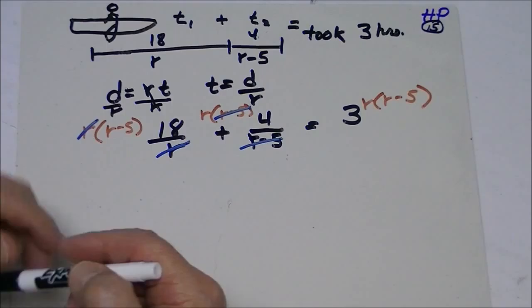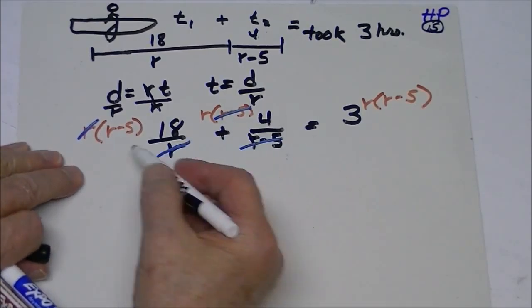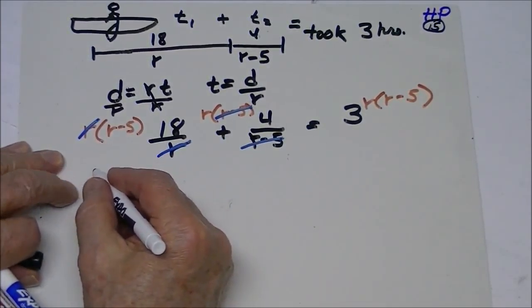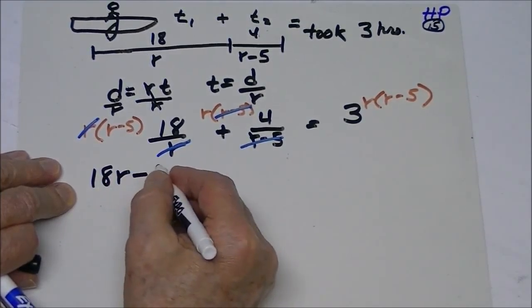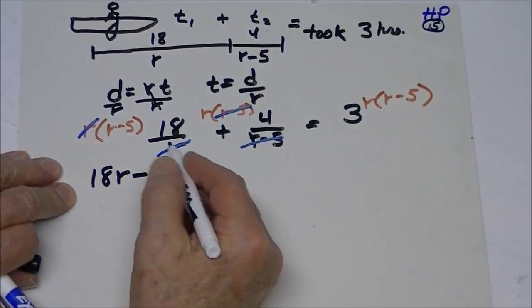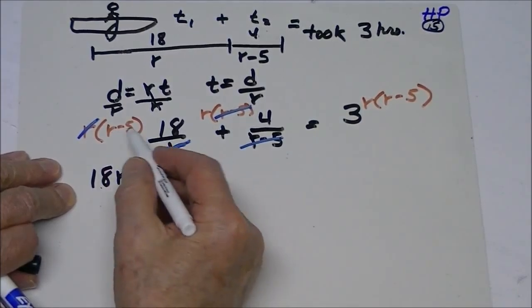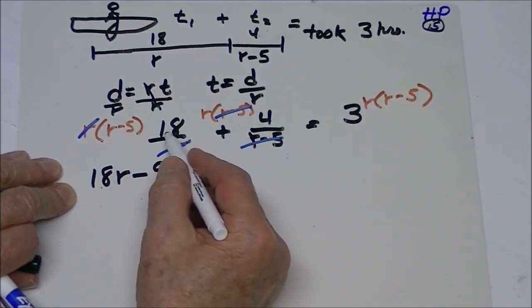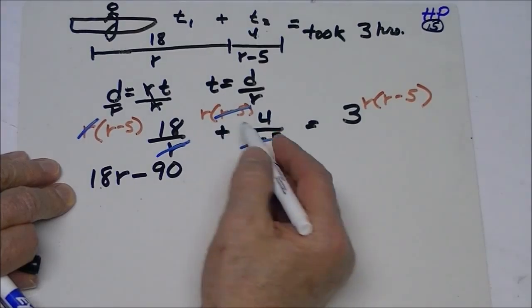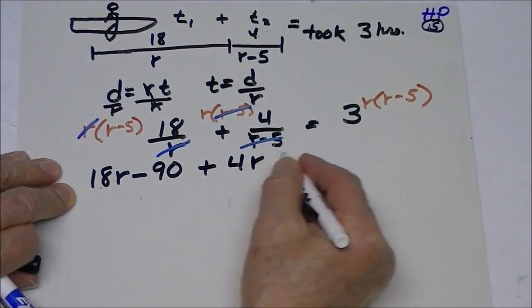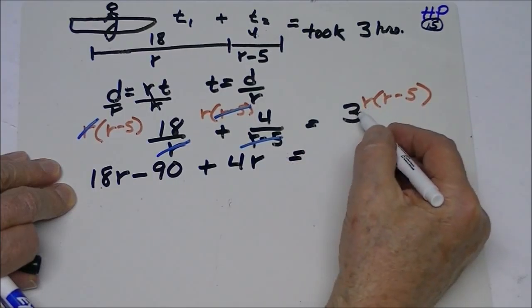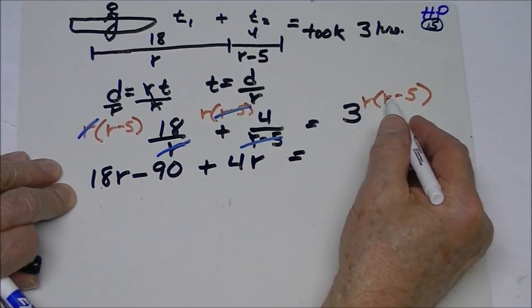So I then rewrite my equation, getting rid of parentheses as needed. This is going to be 18r minus 90. 18 times r, 18r, a negative 5 times 18. And here this is just r times 4, 4r, equals, now this is 3r times r.